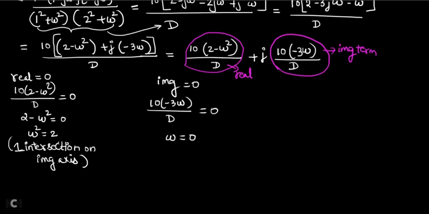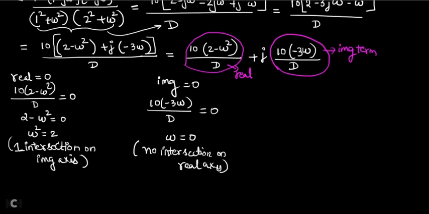I told you, only if you get omega not equal to 0 can you say there is an intersection. Now, for the imaginary term, you got omega equal to 0. That means no intersection on the real axis.